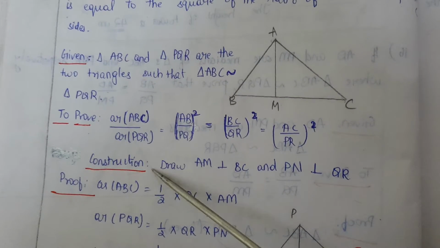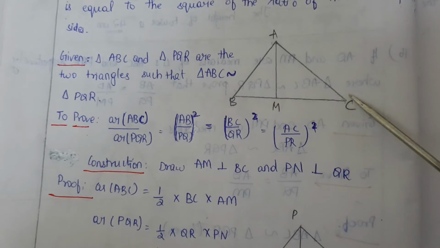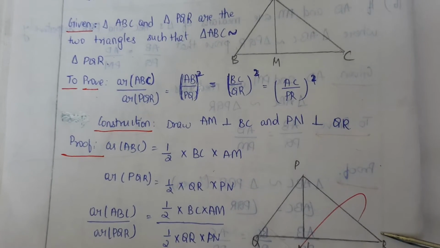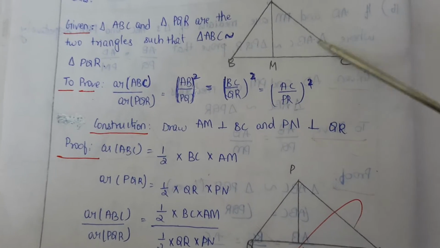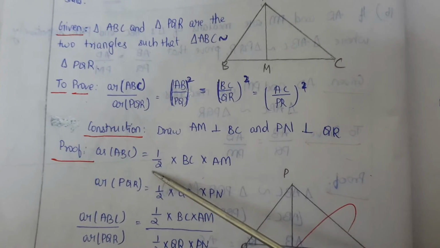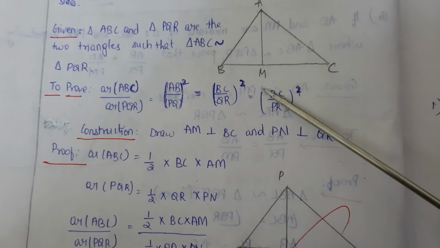Now for this let us construct. The construction is: draw AM perpendicular to BC and PN perpendicular to QR. So let us find the area of these two triangles. Proof: area of ABC is equal to half into base BC into height AM.